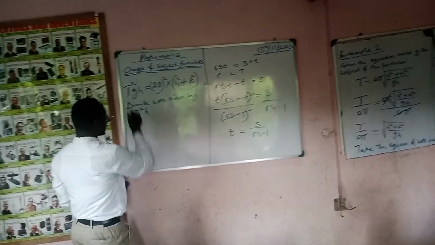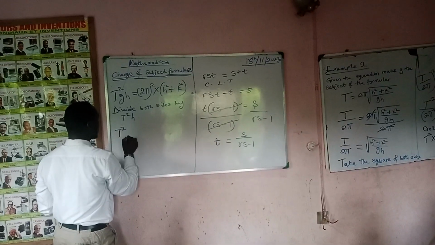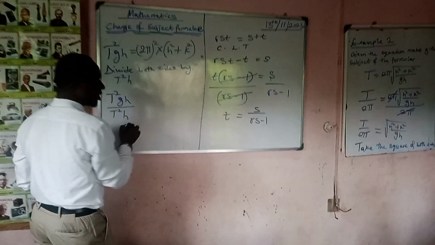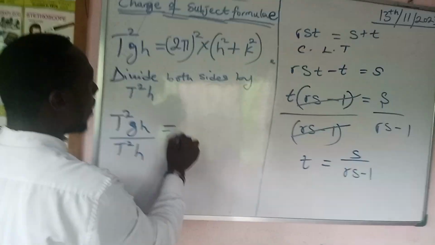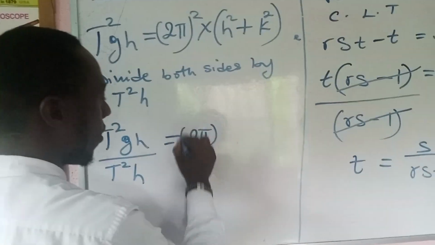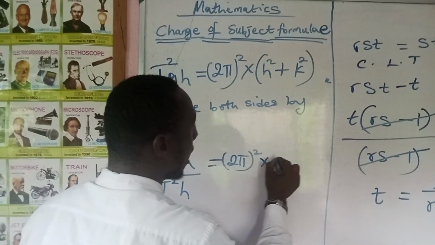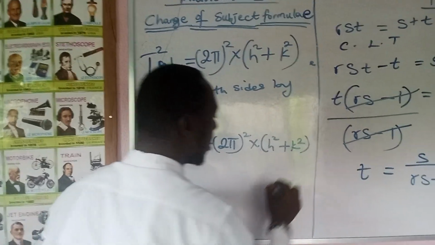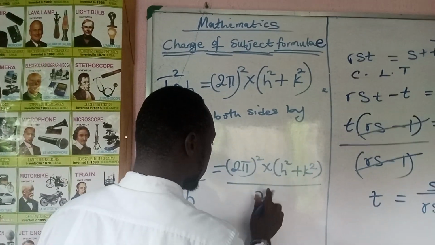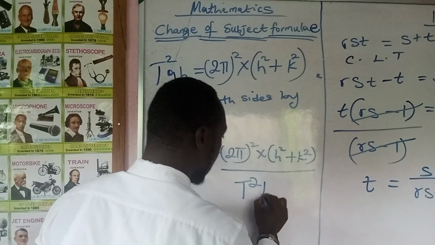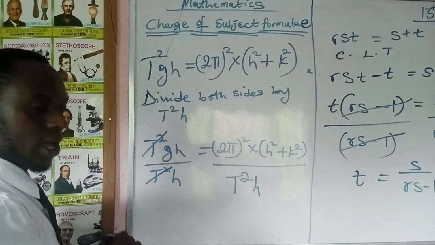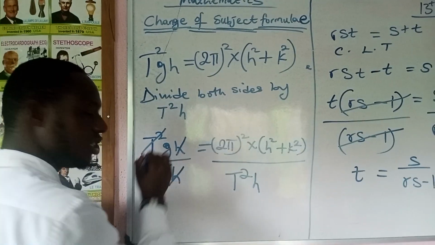So from here we have t squared gh all over t squared h, and then we have 2 pi all squared times h squared plus k squared all over t squared h. Are you following? Yes, sir. t squared will cancel t squared, h will cancel h, g is left.